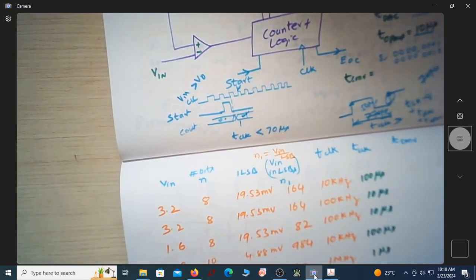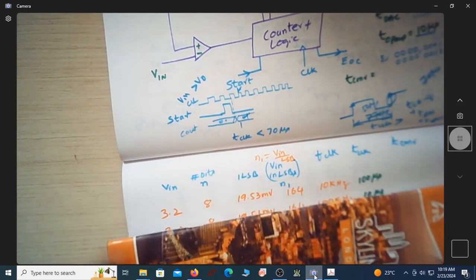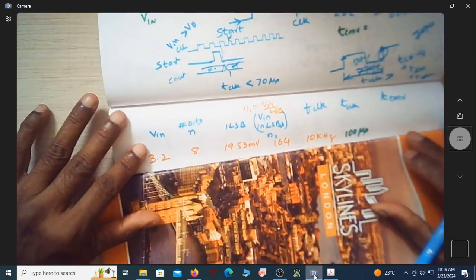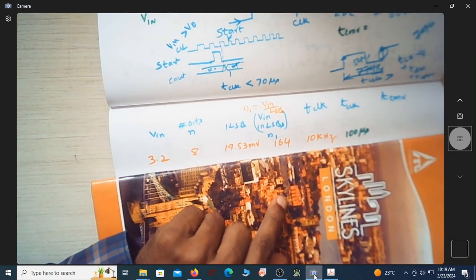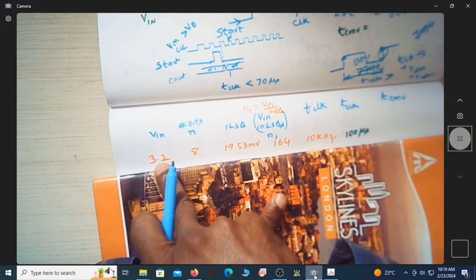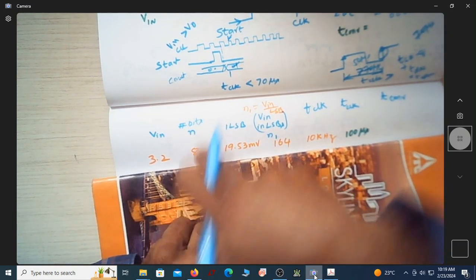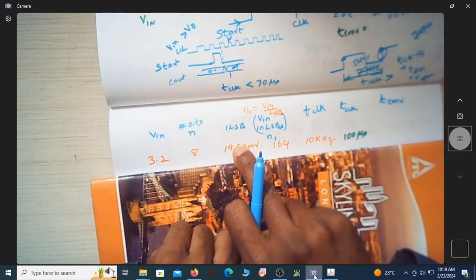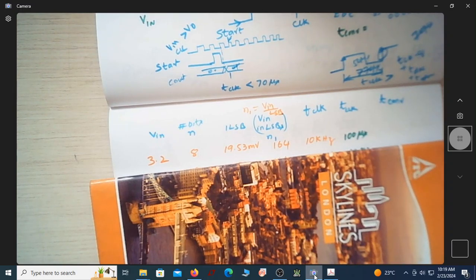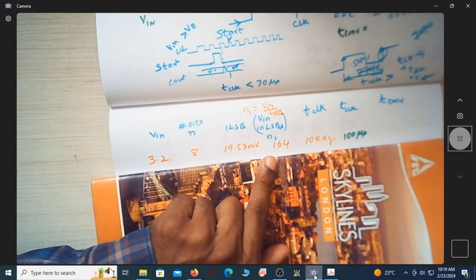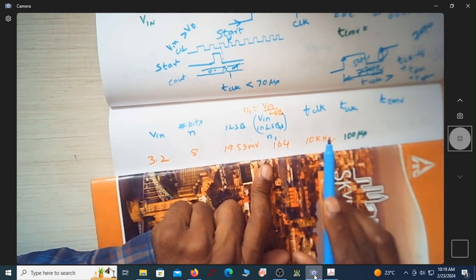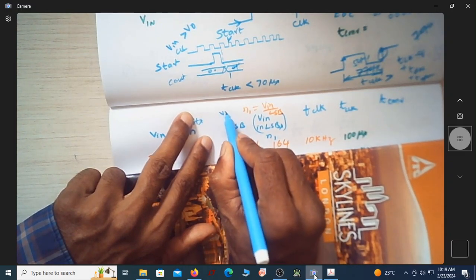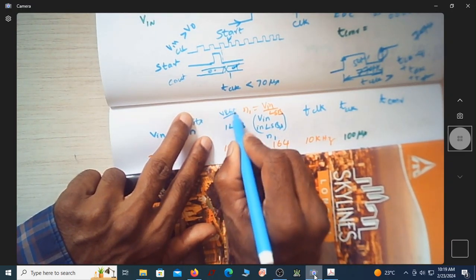Let us consider the first example. In this first specification, the input voltage given is 3.2 volts. The number of bits of this ADC is 8 bit. I am finding what 1 LSB is. 1 LSB is V reference by 2 power n.